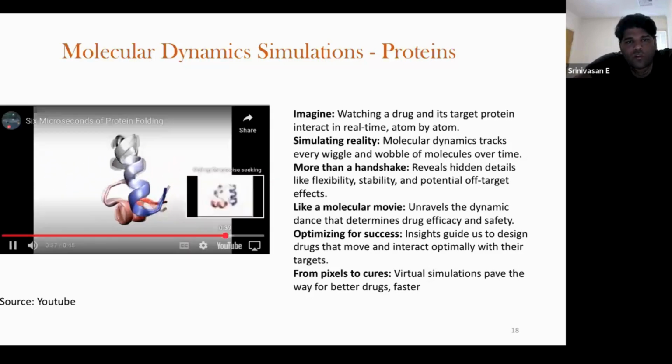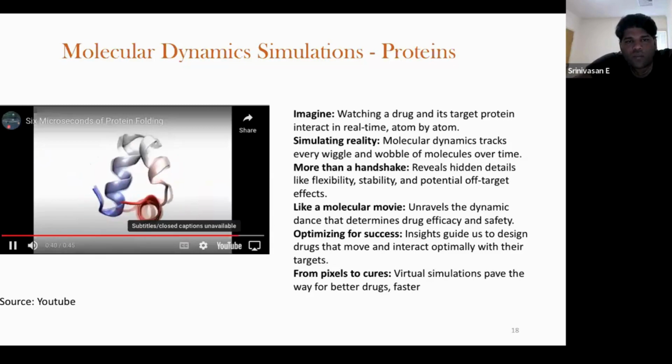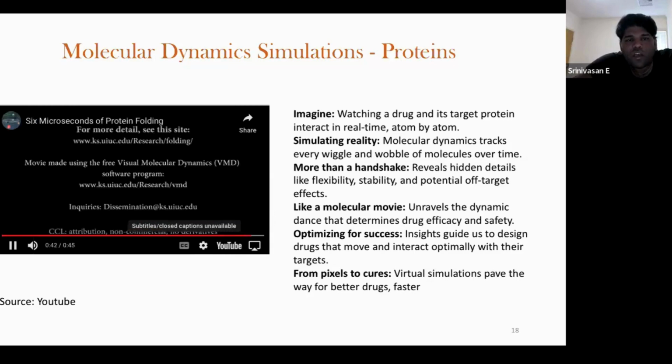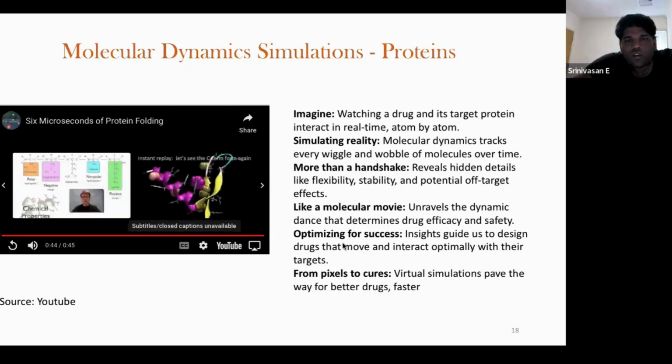Here you can clearly see how molecular dynamics is able to capture the three-dimensional tertiary structure of the protein without using any external factors. This is a fascinating world where we can use molecular dynamics to understand how a protein folds and what its function is.